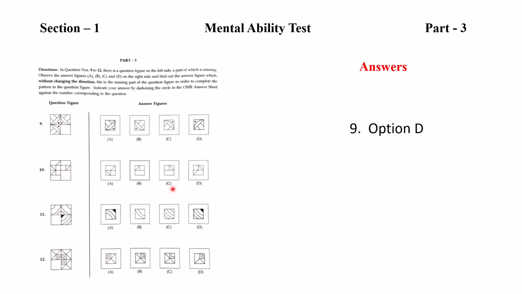Option C would somewhat match the figure here like this, but this part should come here, which is something should come like this. That is going to be missing in option C. Option D would be the correct answer, which will exactly complete the figure. We can see that this portion is going to come and fill over here, and also this portion is going to be exactly reverse of this. Therefore, option D would be the right answer for question number 10.